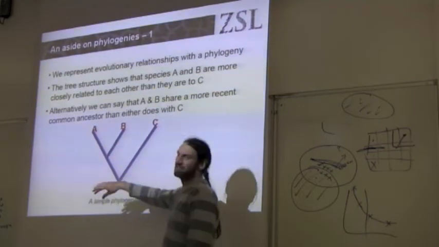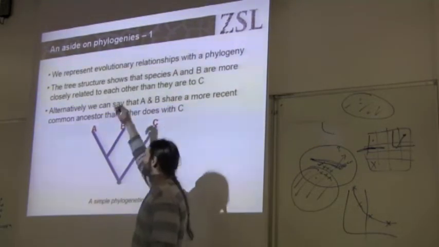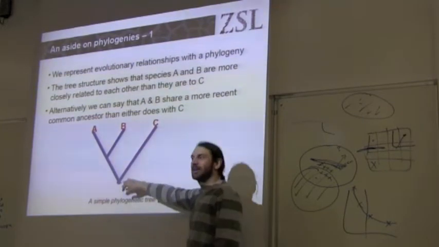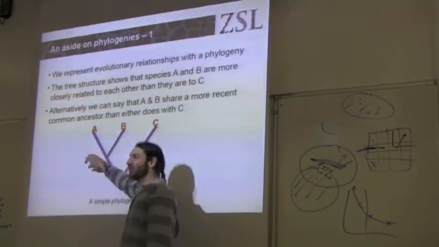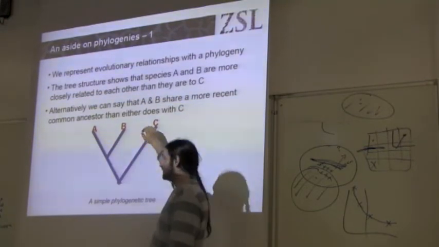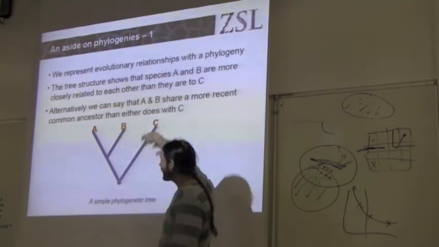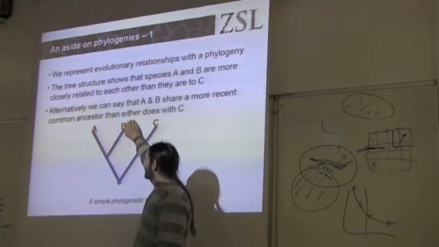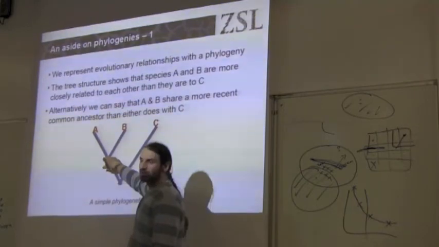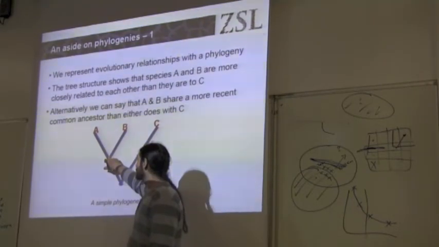Right, so here's a phylogeny, okay? We have three species. I'm going to call them A, B, and C. The tree here is a visual representation of the relationships between these three organisms. Okay? And the tree draws lines back to common ancestors.